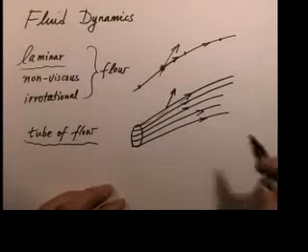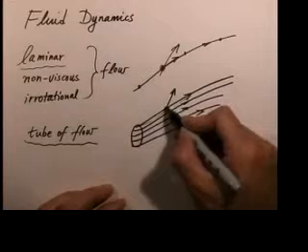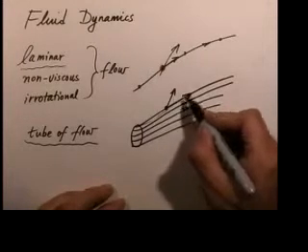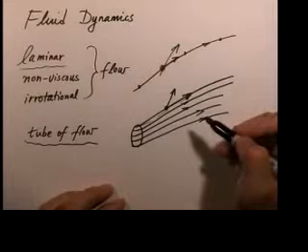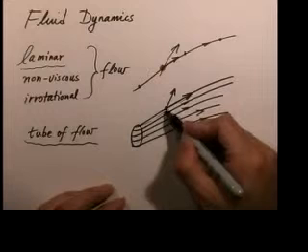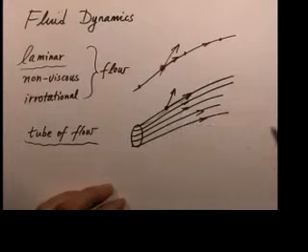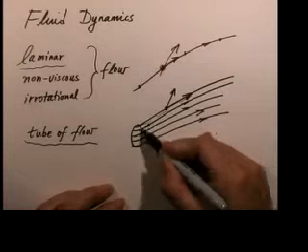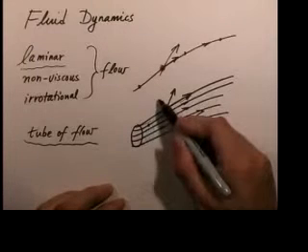Because any particle that passes through this point will have to have the exact same velocity, which is this way. That means no particle of the fluid can actually cross the border of a tube of flow. So if a particle is originally inside a tube of flow, it keeps on going and never gets out.